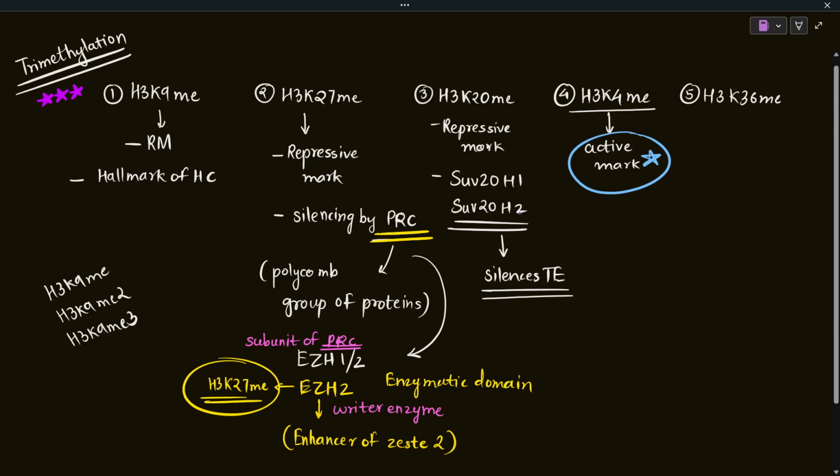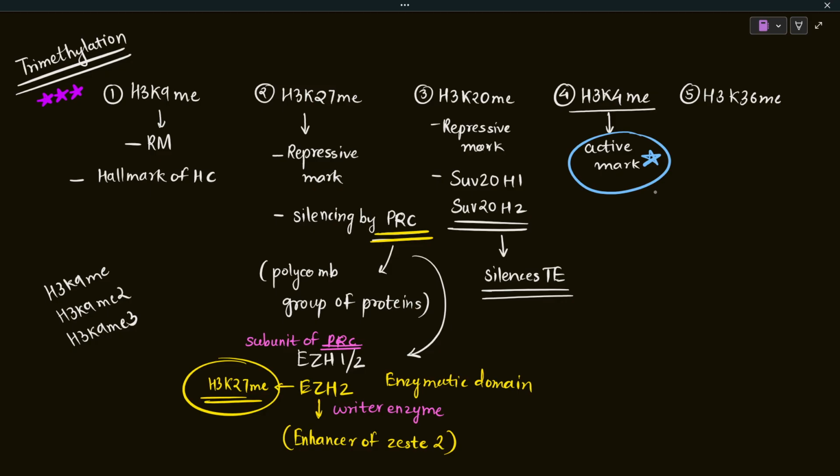Because in the H3K4 methylation mark, the dimethylation or the monomethylation just poises the gene. Imagine there's a race, and all of the athletes have taken their position, and they just need the signal, get set, ready and go, and they'll start running.